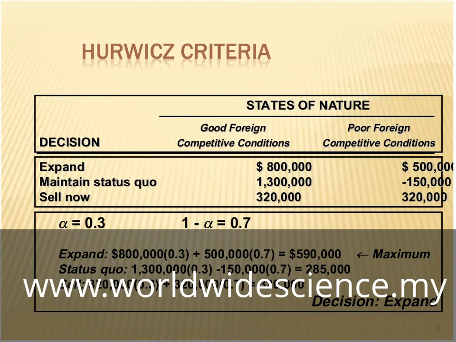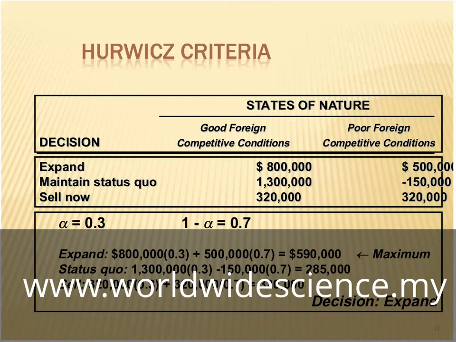And for the other condition, 1 minus alpha is 0.7. 800,000 multiplied by 0.3 plus 500,000 multiplied by 0.7, because you want to calculate the weight for expand. When you multiply these numbers, you can evaluate the level of optimism for each decision.